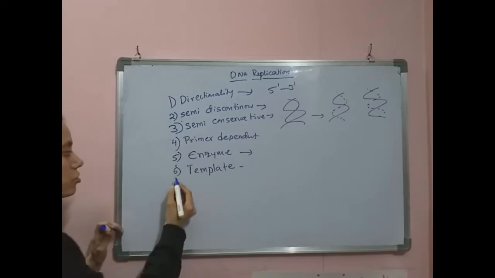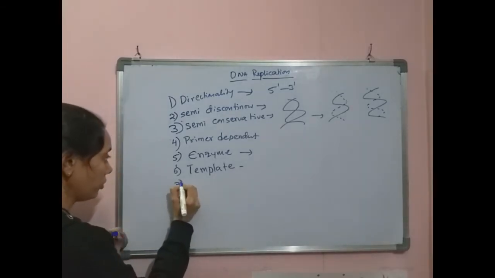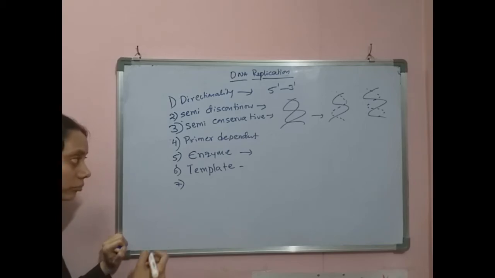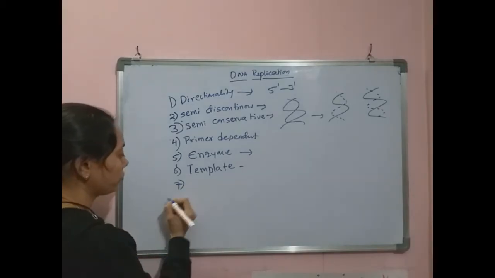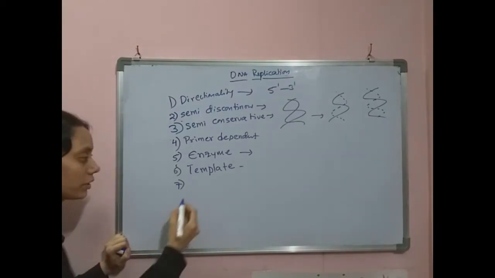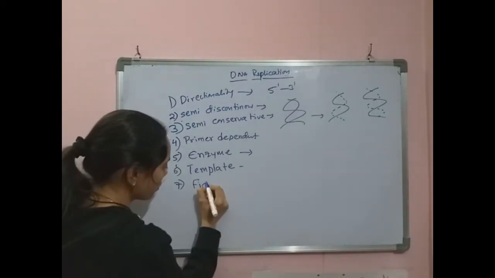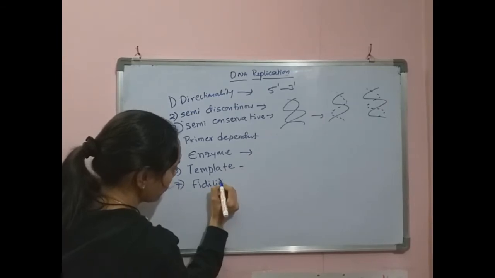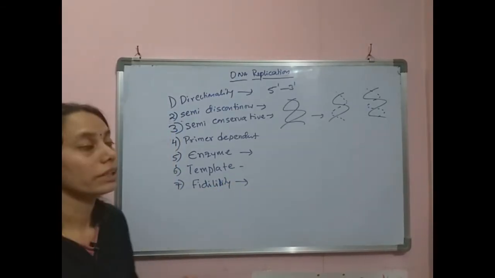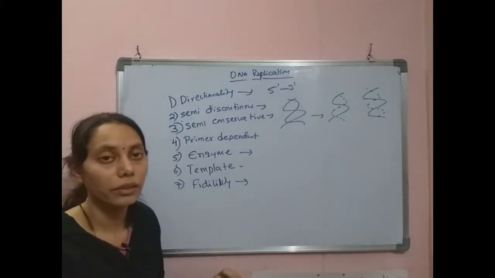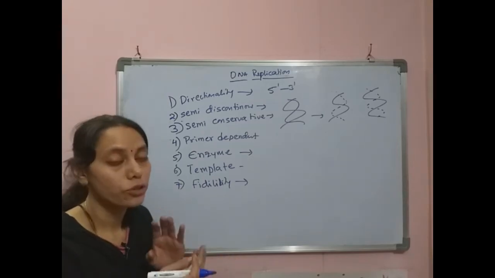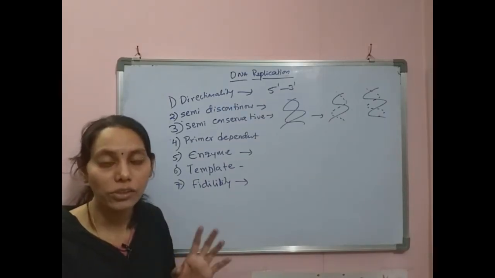And what is the other feature of DNA replication? Basically, DNA replication has high fidelity, because as we already discussed, DNA replication will be carried out only when it is needed, and it should be very accurate.